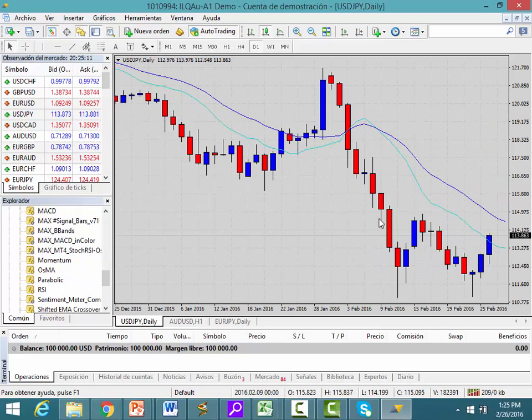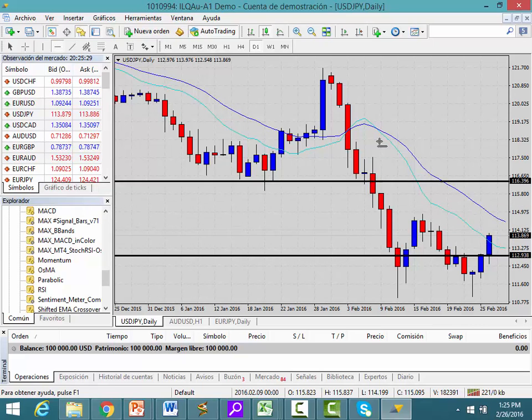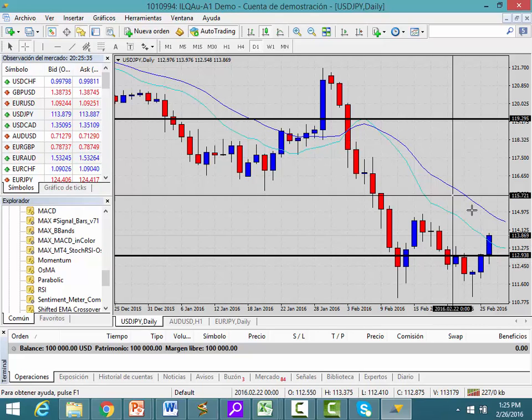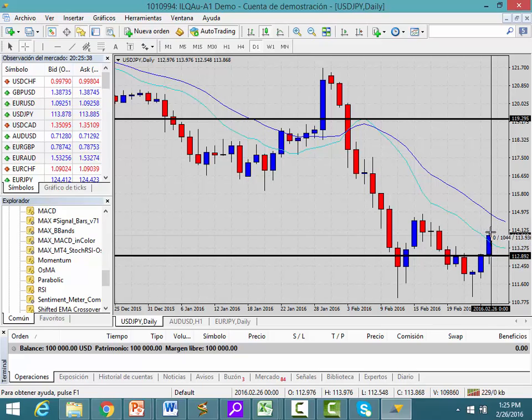Now when you go to the daily, you can see today we have a bull candle. The market opened yesterday at 112.93, and today it's right around 113.86. If I want to know how many pips it went up, you can see it went up about 114 pips.